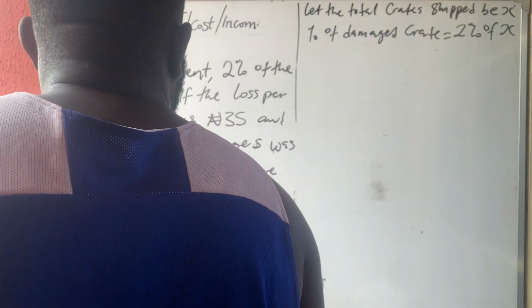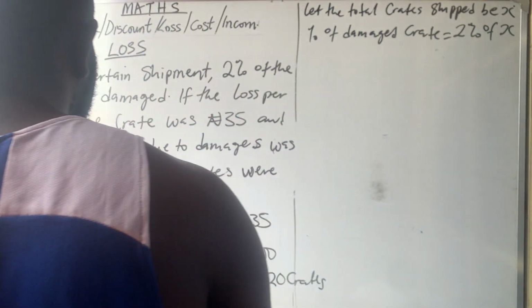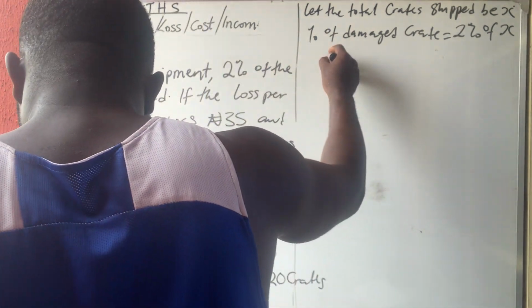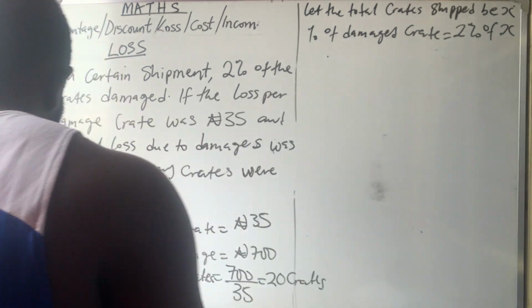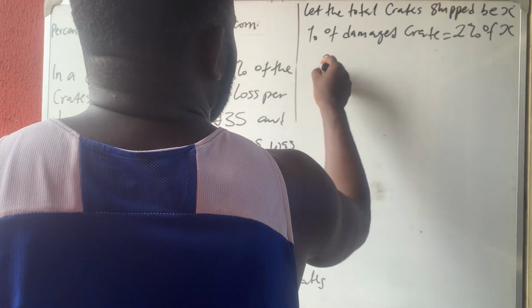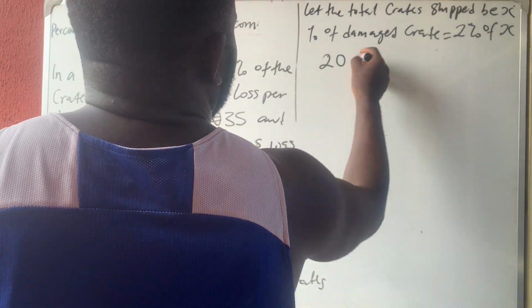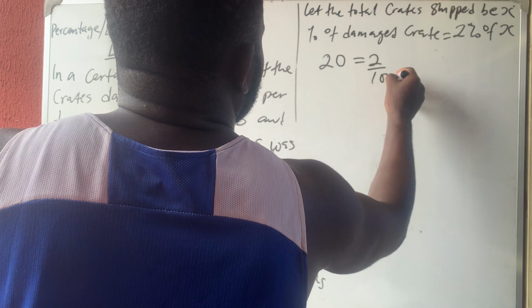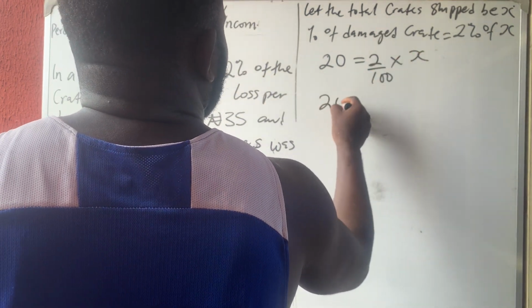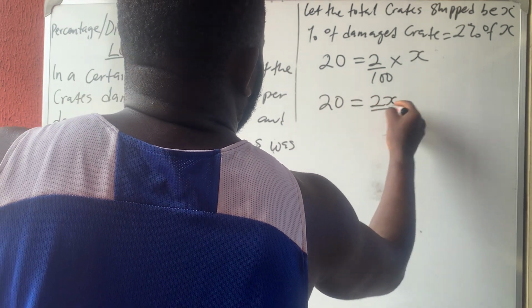So 20 crates damaged is 2 over 100 times the total number of crates. So 20 is equal to 2x over 100.